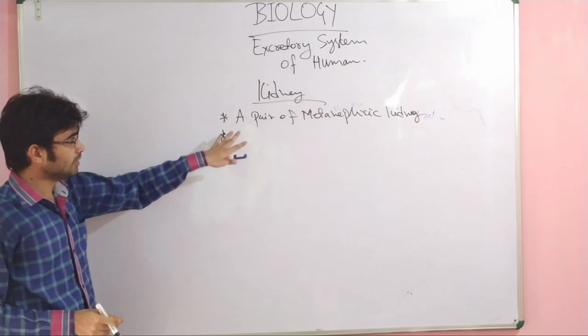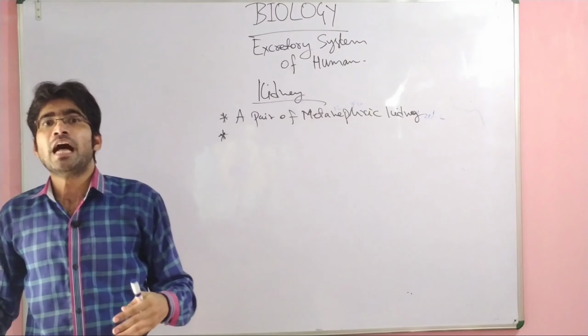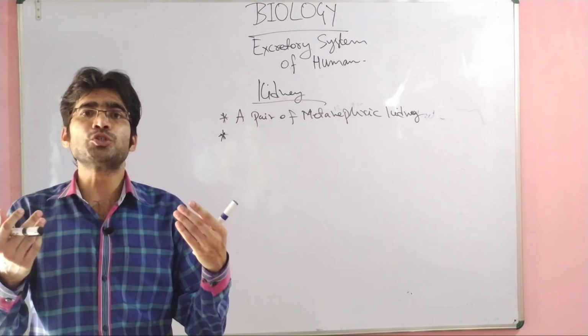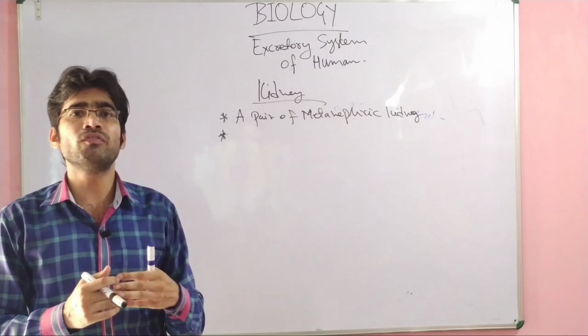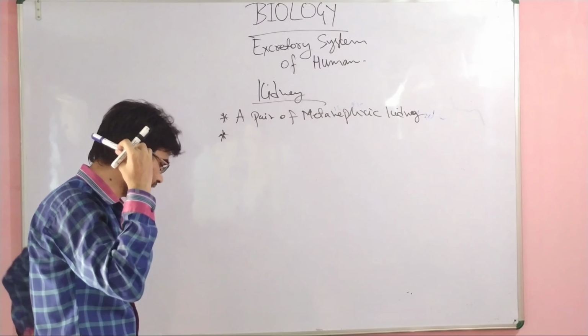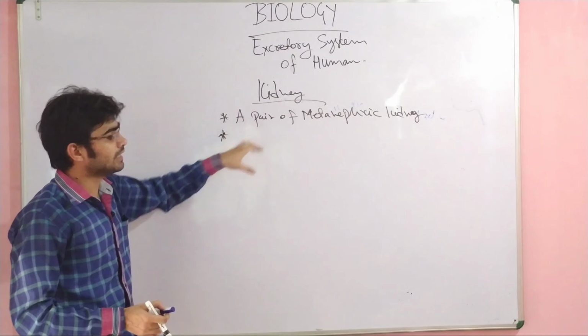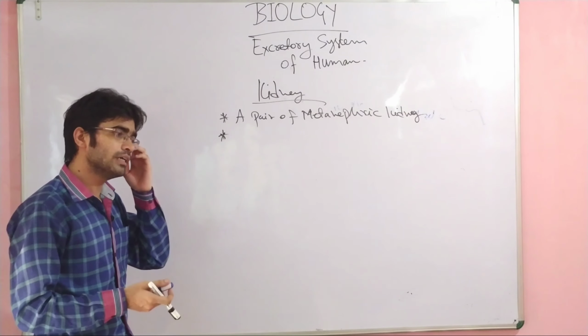Second point: a pair of metanephric kidneys lies at the posterior side of the dorsal aorta. The dorsal aorta runs from the posterior region, and there you will find the kidney. That's why it is called the posterior kidney.